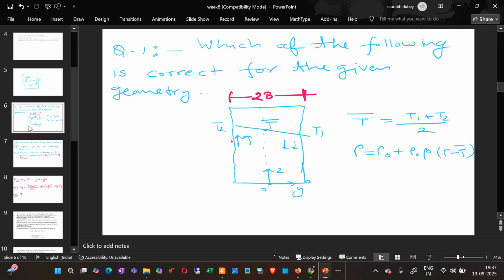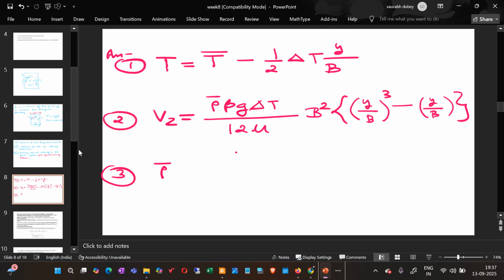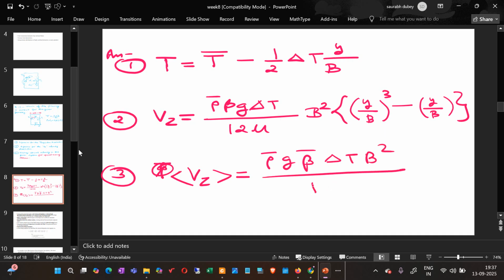But you have to just give the average velocity here. V average equals rho bar beta delta T B square divided by 48 mu, right? So you can get some questions around this.